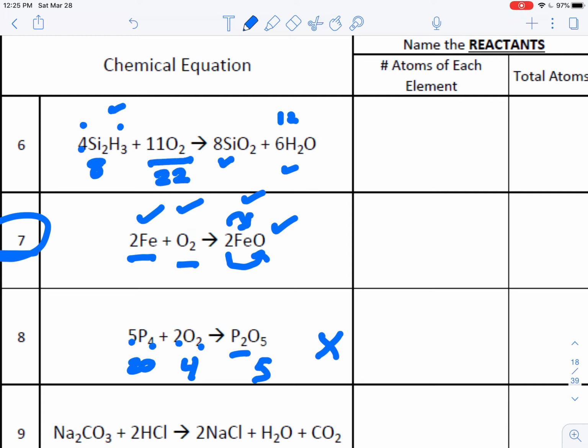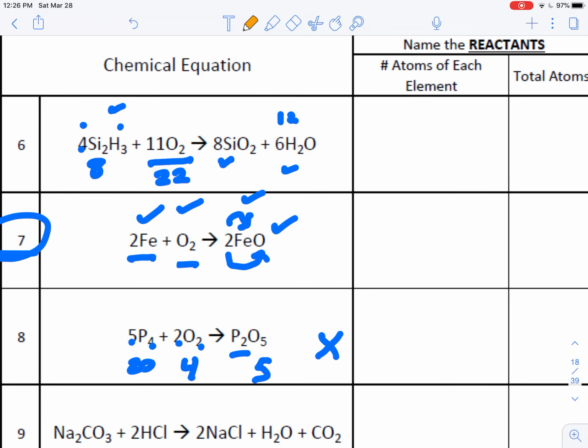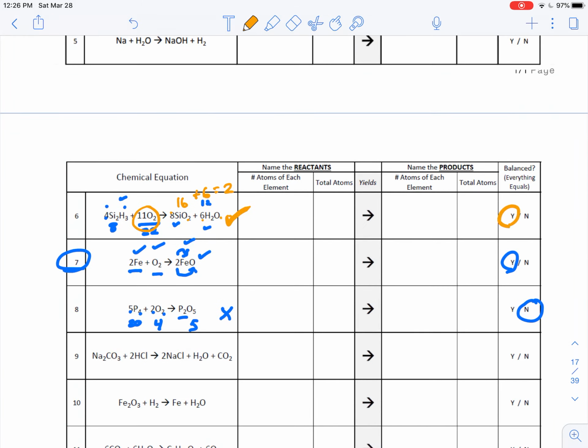This one, 2 times 11 is 22 oxygens, and so you have to count oxygens in 2 locations. So looking at the oxygens, I see 2 times 8 is 16 oxygens here, plus another 6 oxygens here, and we in fact do get 22, which is what we're seeing on this side. So this is number 6, another example of a balanced chemical equation.